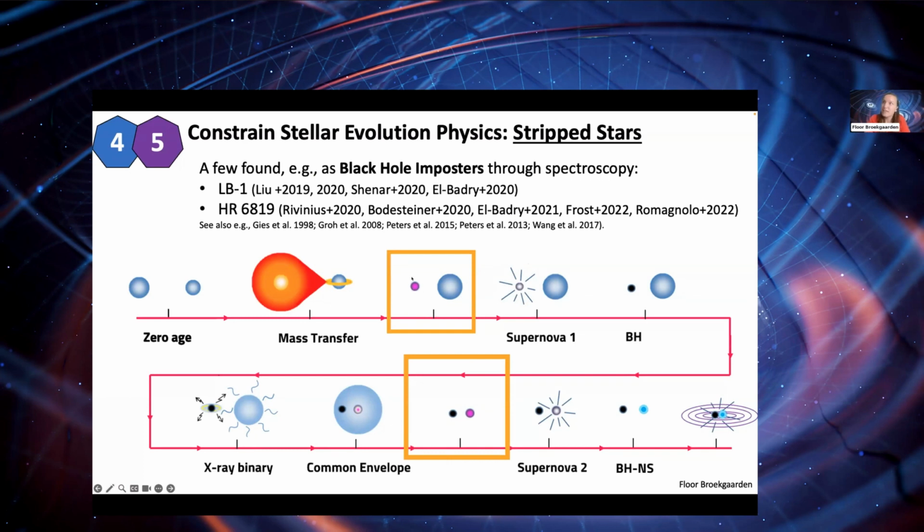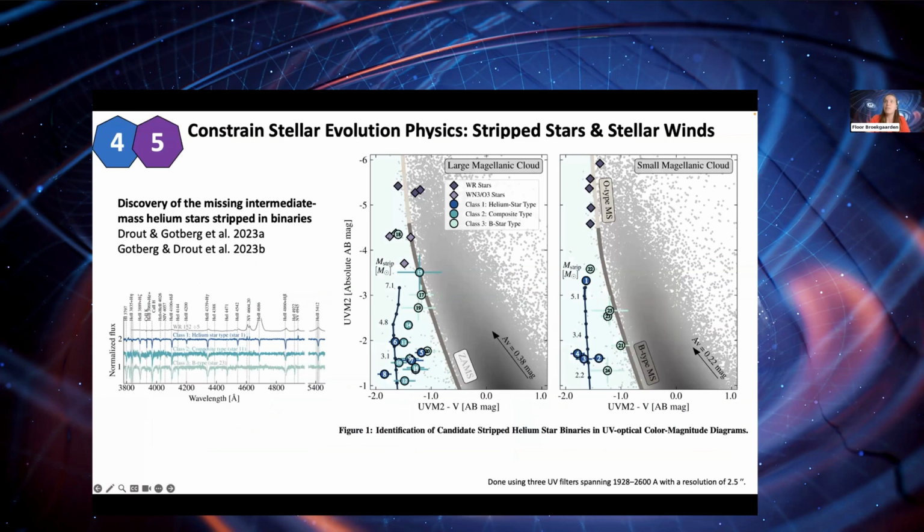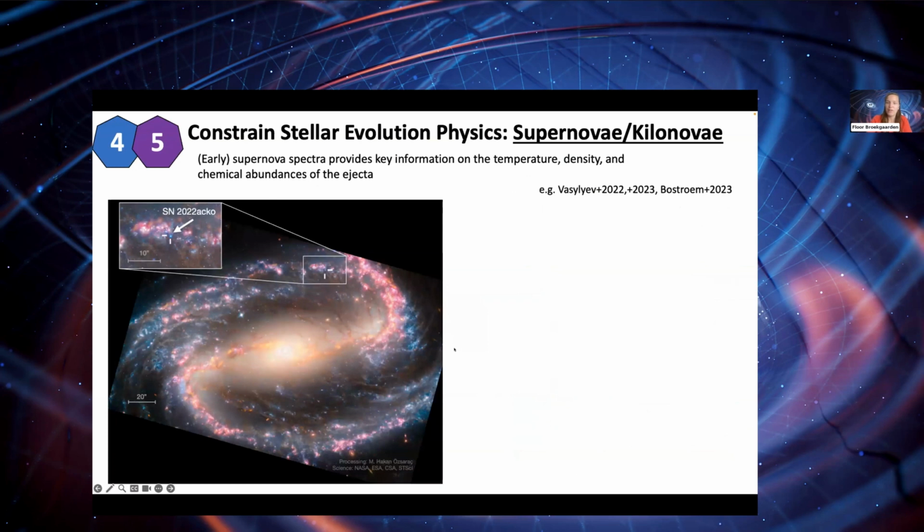And most excitingly, these helium stars, we hadn't found them in a long time. But as of last week, Maria Drout and Ylva Götberg published a paper where they actually found this missing population of helium stars, here shown in blue circles, that I think will really help us understand further how these stars evolve, what their masses are, and for instance, what their wind loss is, which is one of the biggest uncertainties in our models.